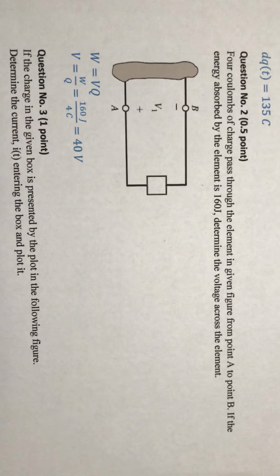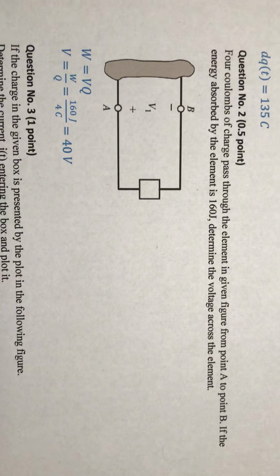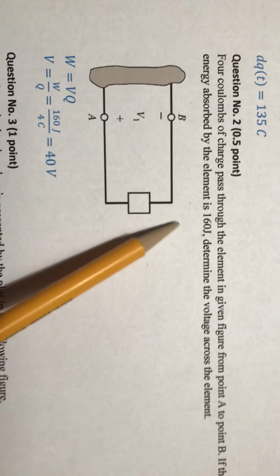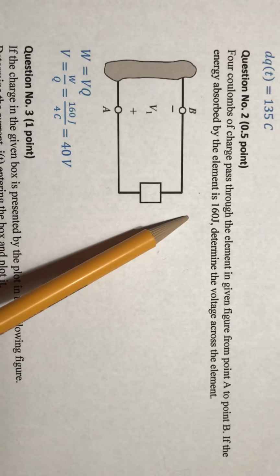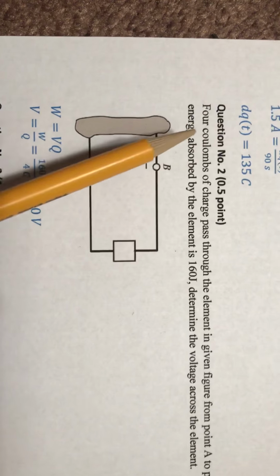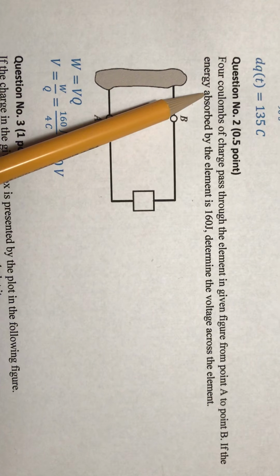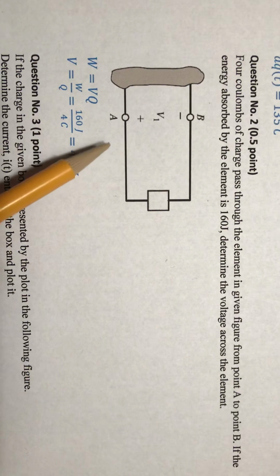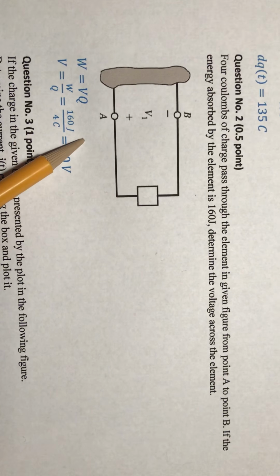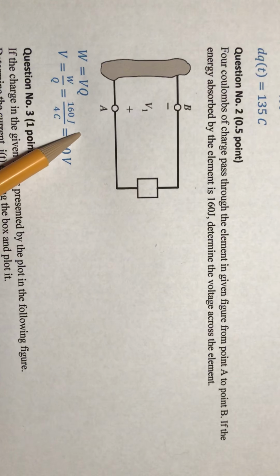So, thinking about this question, we know that the work that's being done is given, which is 160 joules, and also that the charge is 4 coulombs. So that brings me to this equation here, which says the work equals voltage times the charge.